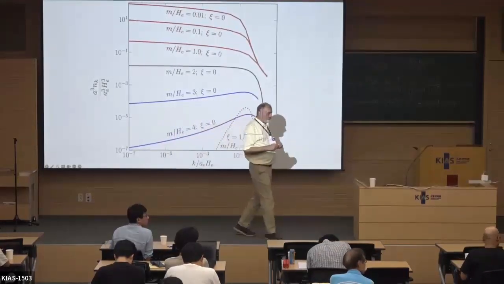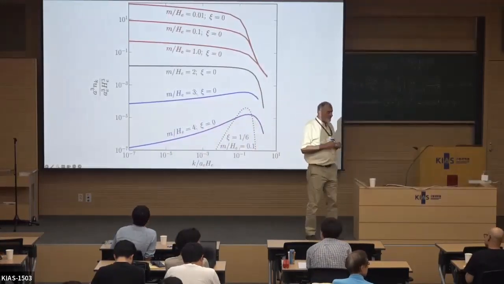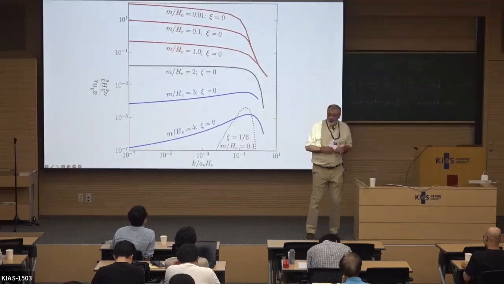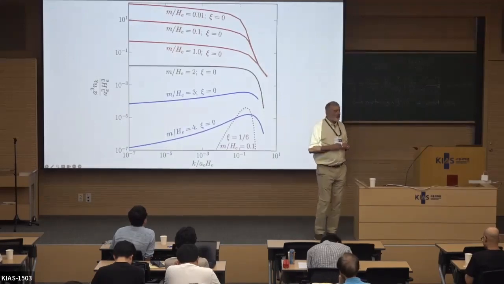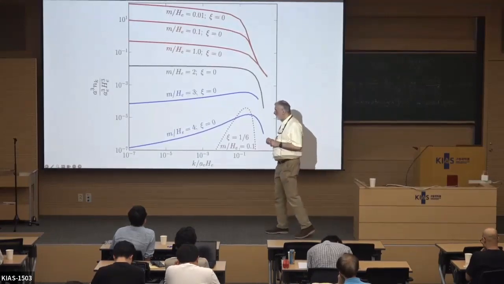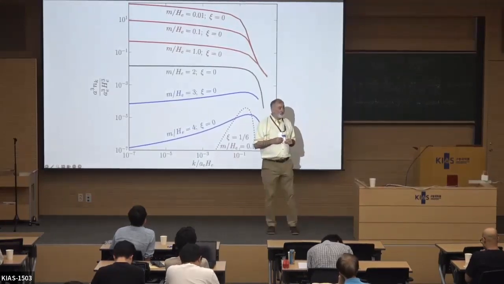So could you comment more on the xi dependence? For example, what happens if large non-minimal coupling or negative xi? For negative what, sorry? Negative non-minimal coupling or large non-minimal coupling. Oh, for large non-minimal coupling, like 100?